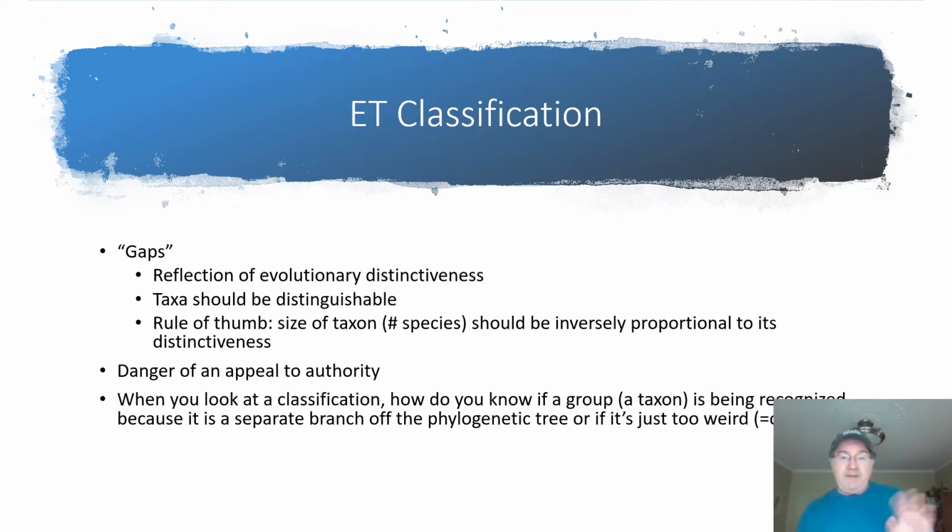They share the same common ancestor with these over here that are placed in a different group, but because they're so different, I'm classifying them differently. So if we simply look at the names of the organisms, we don't know if a group is being recognized on the basis of its unity, common ancestry, or because it is so different from other organisms.